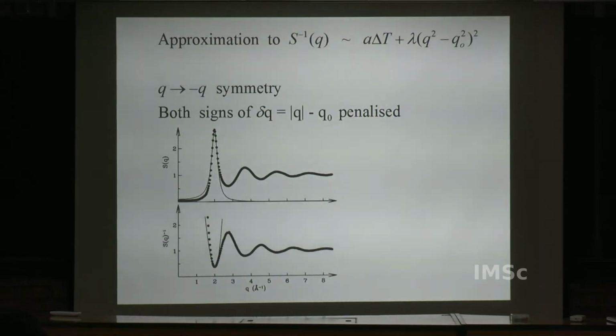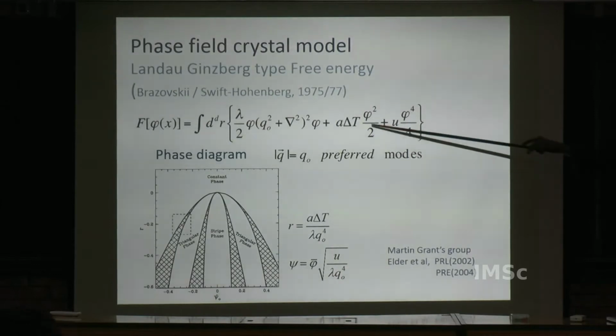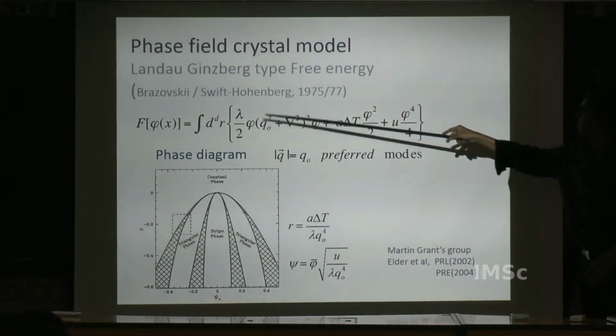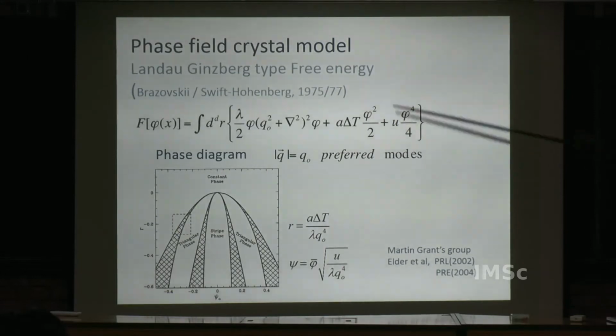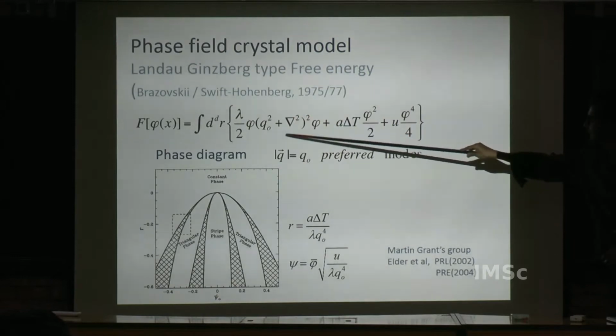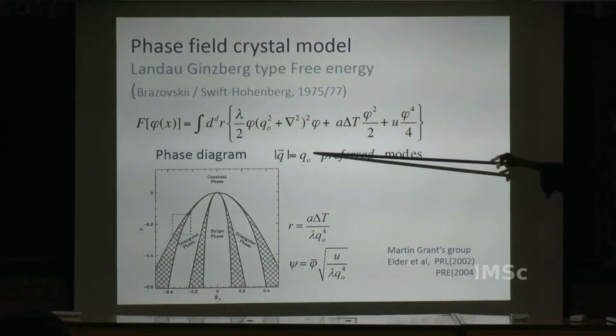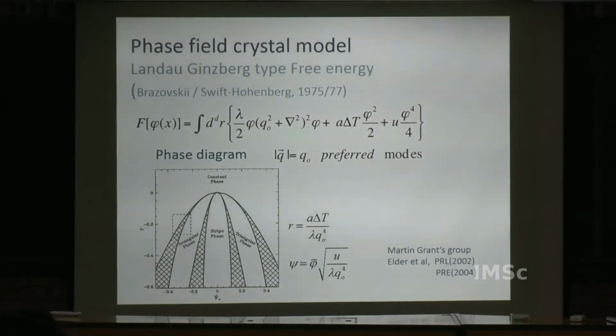Whereas I showed you a Ginzburg-Landau Hamiltonian which gives you a second order transition normally. But it turns out that because of this structure, which was first shown by Brazovskii and later by Swift and Hohenberg, the fluctuations around the preferred phase make the transition first order. So this is a very special example where although you have a Landau-Ginzburg kind of free energy, the fluctuation makes the transition first order.